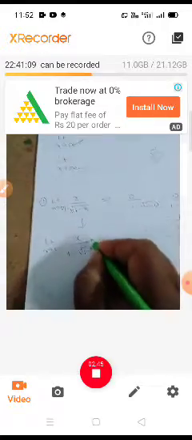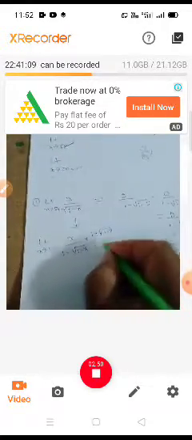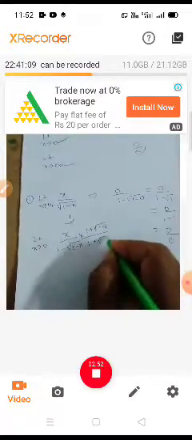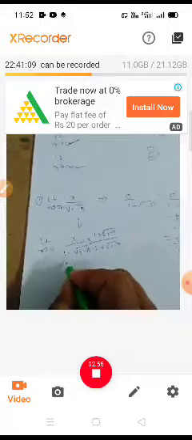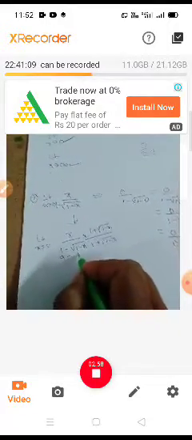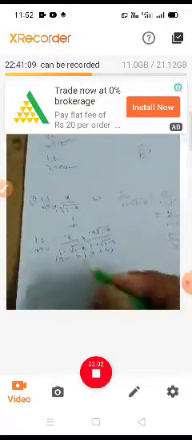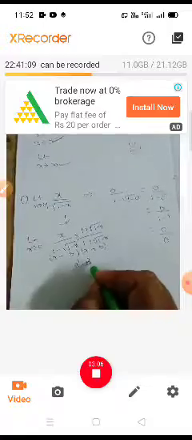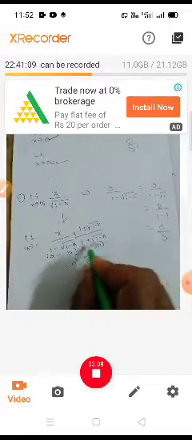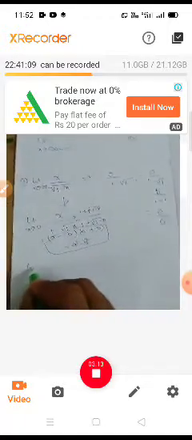We multiply and divide by (1 plus under root 1 minus x). If this one is a and this one is b, then a plus b times a minus b is a square minus b square.